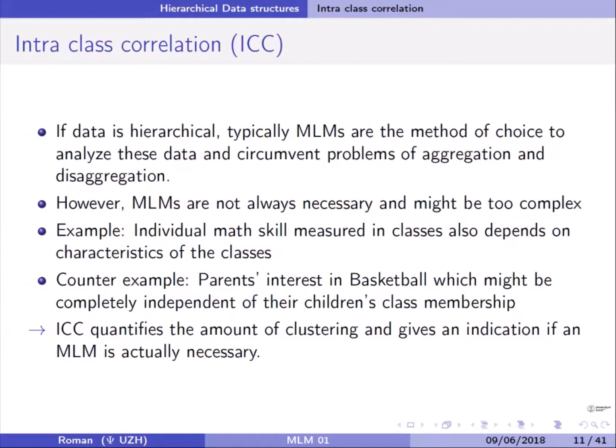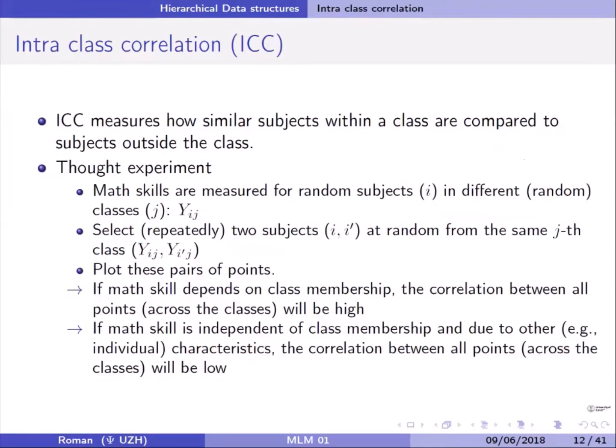The good news is theory can help us come to a conclusion if we need to do this, but we also can quantify the amount of clustering, which gives us an indication if MLM is necessary or if it is too complex. So we will look at the intra-class correlation, which quantifies this, and I'll be calling it the ICC. The ICC measures how similar subjects within a class are compared to subjects outside of a class or hierarchy.